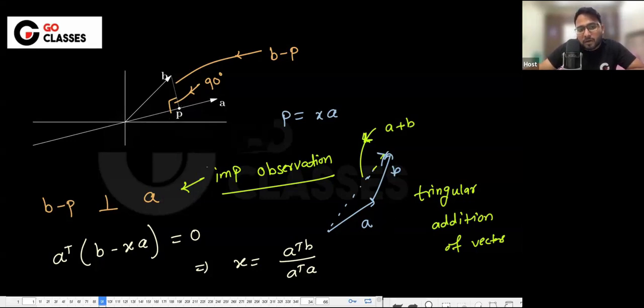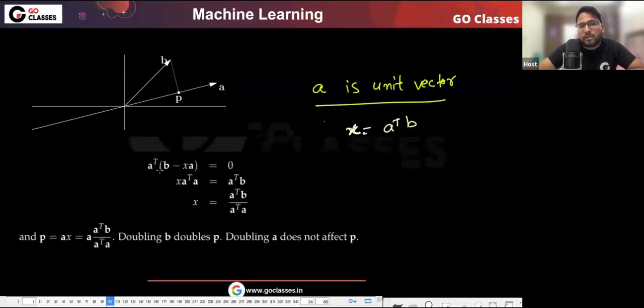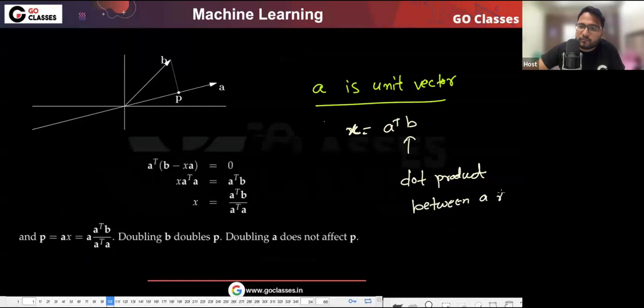I hope you understood that the projection is P, which is given by A into X, and X is A transpose B upon A transpose A. So if A is a unit vector, then X will be just the dot product between A and B. In other words, if A is a unit vector, can I say that the dot product between A and B is a projection?